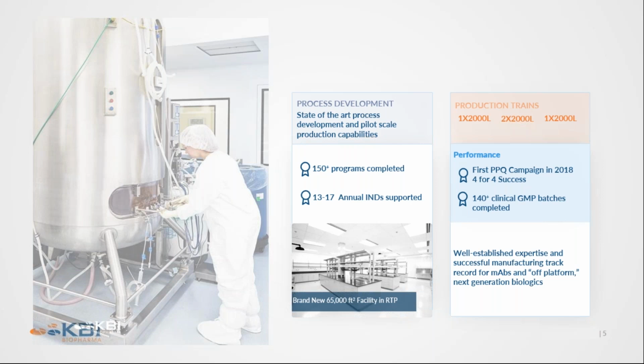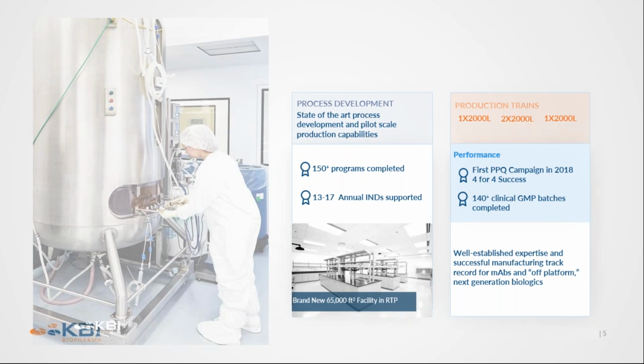Most of our projects are related to early phase development, mostly phase one molecules, but we also have expertise in working on phase three molecules, and we routinely perform process characterization studies as well. So once we develop the process in our PD labs, we transfer it to our manufacturing facility, and we have so far completed more than 140 clinical batches successfully.